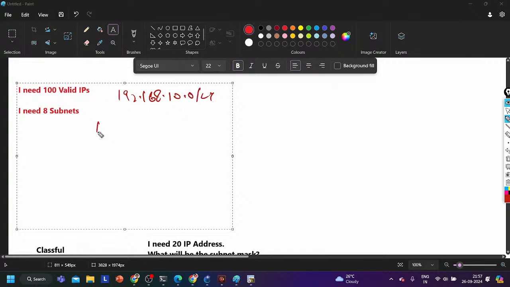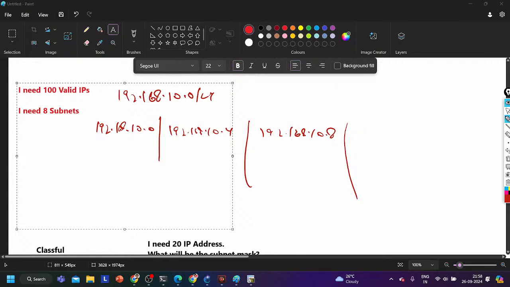First network 192.168.10.0. Second network 192.168.10.4. Third network 192.168.10.8. Fourth network 192.168.10.12.